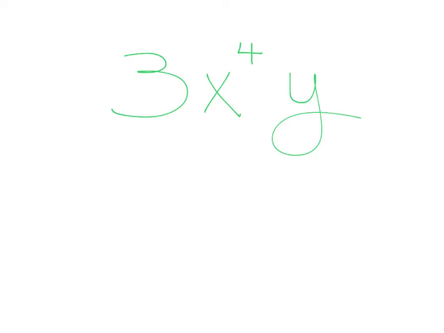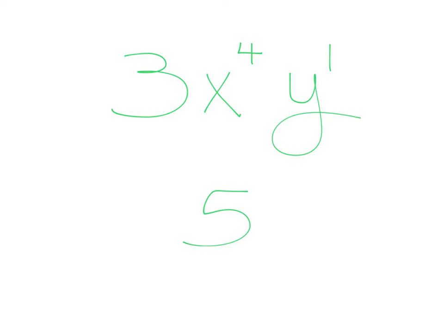So what if I told you find the degree of this? It's slow. It'll catch up. What is the degree of this? Good. This is a monomial, so we add everything. So it's 5.